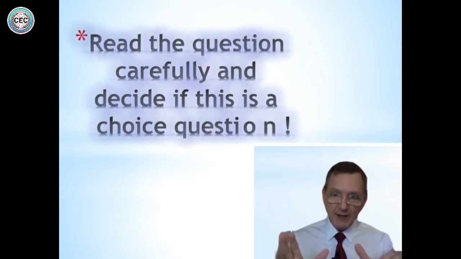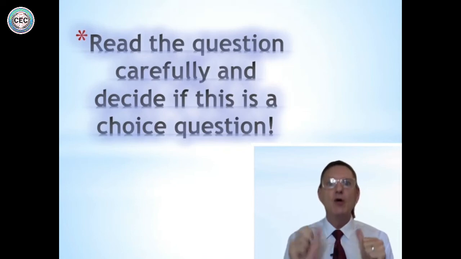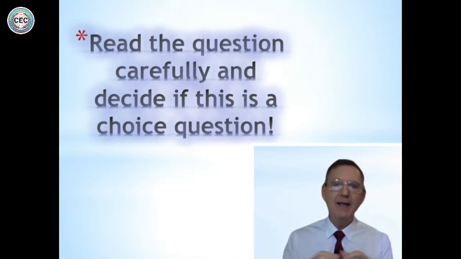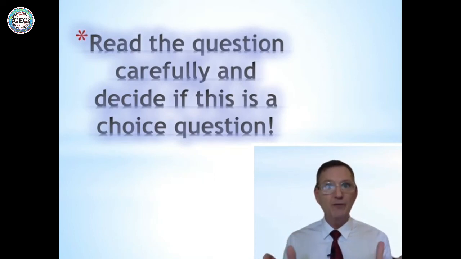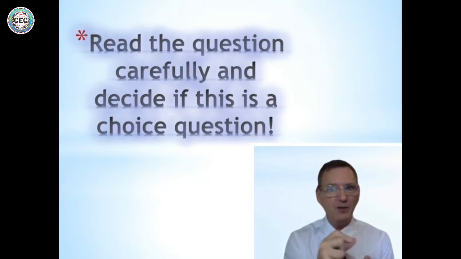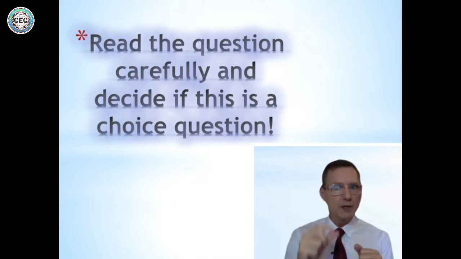Okay, what can you do? First of all, read the question carefully and decide, is this a choice question? This is very important. If you can circle when it's a choice question, then you know when you're listening, they are going to give you 2 or 3 things.